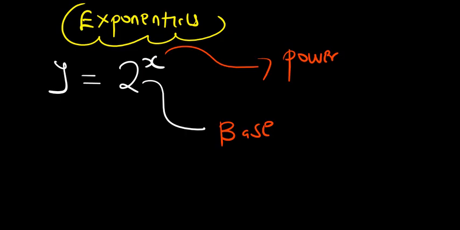Now the rules for exponentials are almost the same as for indices. So for example, I can be given to solve 2 to the power 0. Any number to the power 0 is 1. Even 100 to the power 0 will still give me a 1.